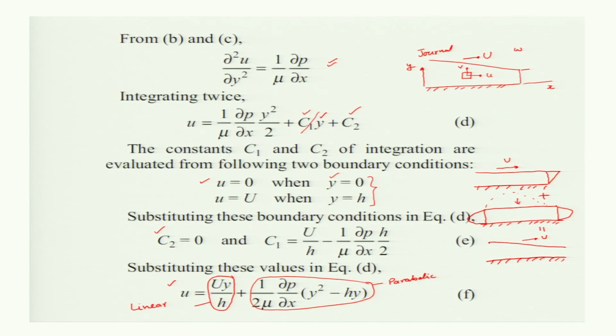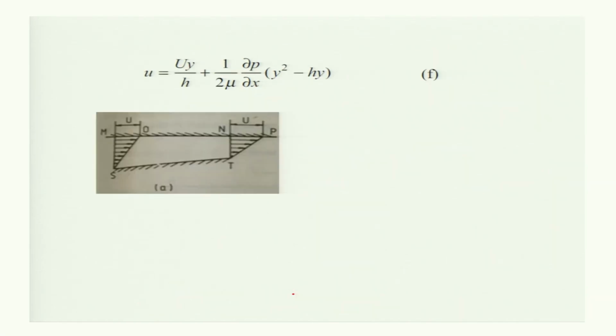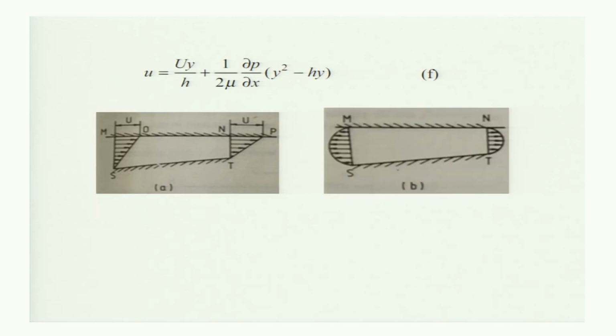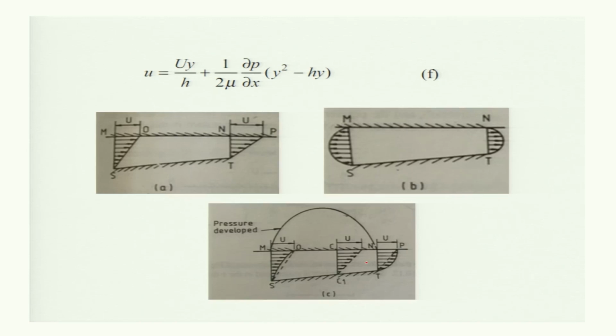This is the journal surface, this is the bearing surface, and here is the lubricant. The velocity profile will be the summation of a linear term and a parabolic term, and the same thing we are getting here. Let us see in detail. This is the linear term, the parabolic term, and the summation of these two is this one.